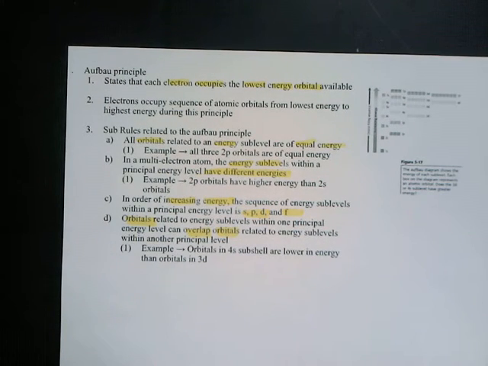And so the Aufbau principle says, hey, the electron is going to occupy the lowest energy orbital available. So we're going to start at the bottom and work our way to the top. What that's saying is, hey, there is an order to how electrons are occupying those particular boxes. Now, again, what we have to remember here is that each sublevel actually increases a little bit in energy.